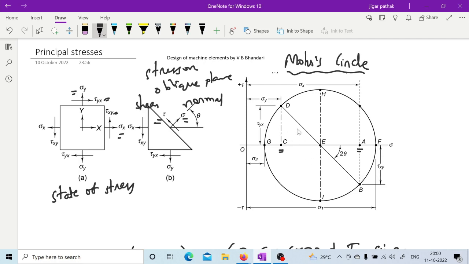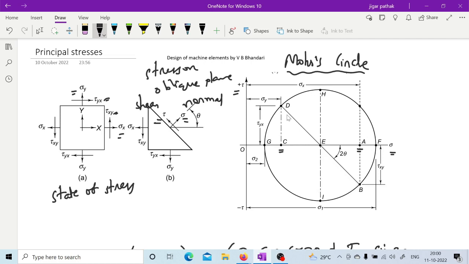Once you are done plotting all this, you can join D and B, which is going to cut at E on the normal stress axis. Basically this Mohr circle is plotted on normal stress versus shear stress. So you join this point D and B, which cuts at E. Then you take E as the center and DB as the diameter, and you have your full circle.